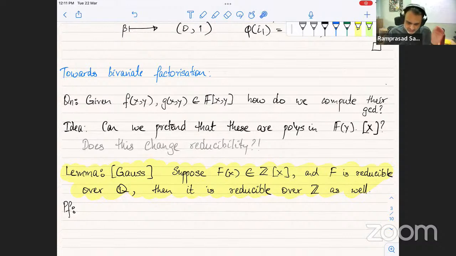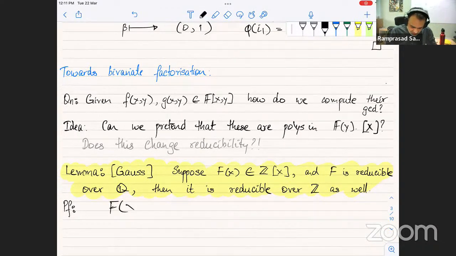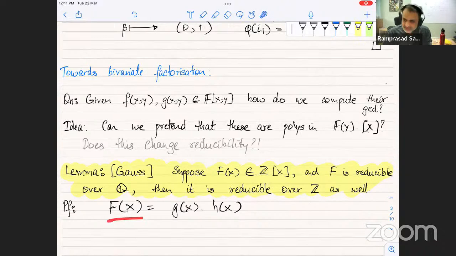And suppose you know that I have an integer valued polynomial that happens to be reducible over Q. By that, what I mean is that I am able to write capital F of x as g of x times h of x, where g and h possibly could use rational numbers in their expressions. That is, their product only involves integer coefficients, but somehow g and h internally use some weird denominators.